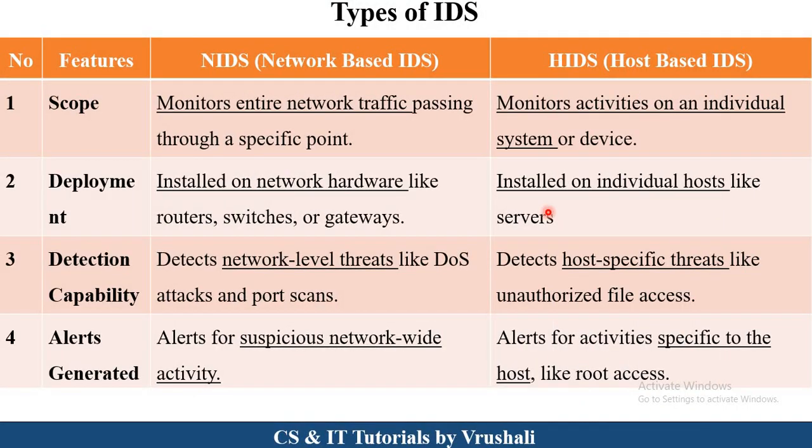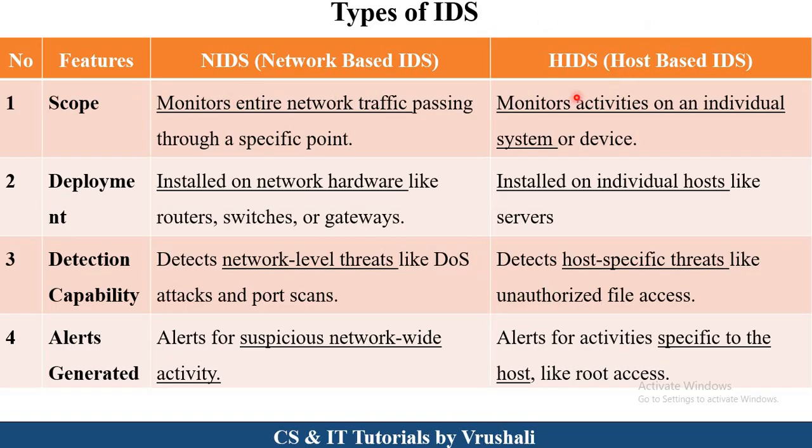Now, the next point is types of IDS. This IDS is divided into two types. One is NIDS, which is called network-based IDS, and another one is HIDS, that is host-based IDS. First, network-based IDS monitors your complete network traffic. There are different types of network like local area network, wide area network, and metropolitan area network, and they continuously monitor the entire network traffic.